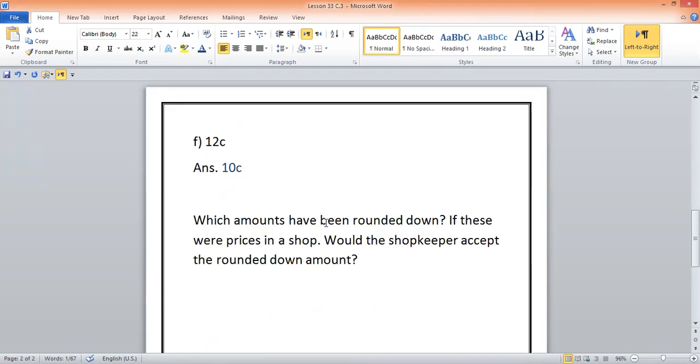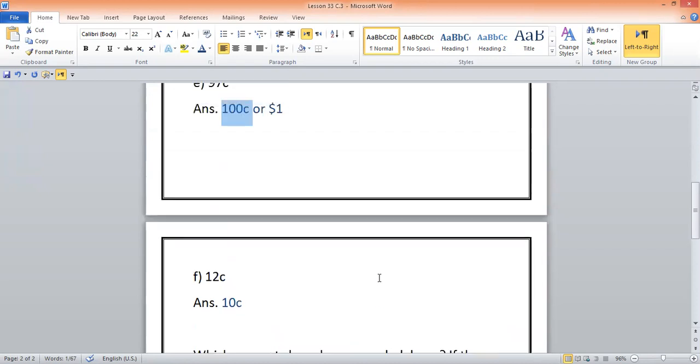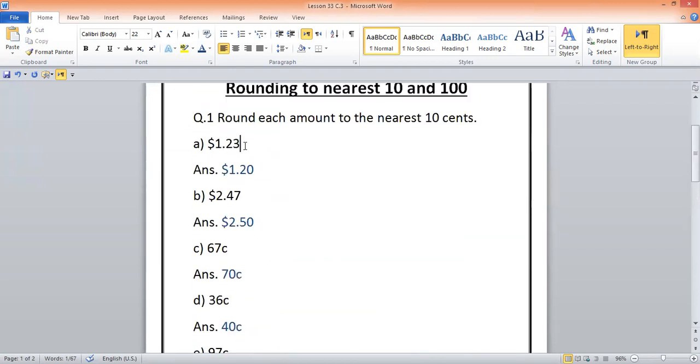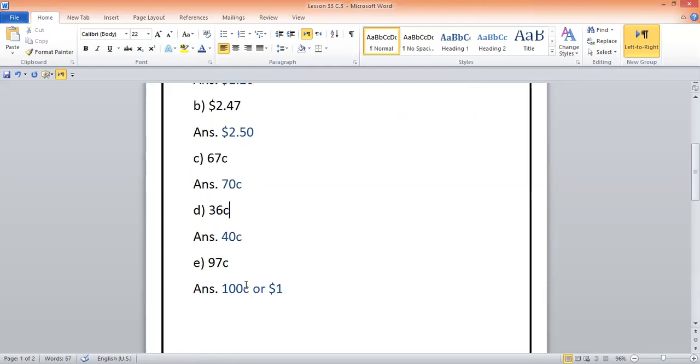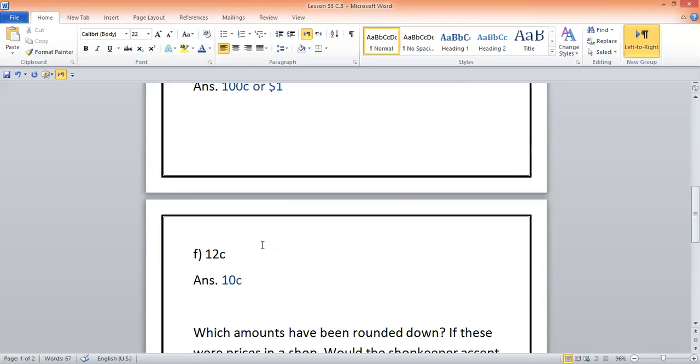So the question is, which amounts have been rounded down? You can see from here, this is $1.23, so it becomes $1.20. So it is also rounded down. Before that, the cost was $1 and 23 cents, but now we rounded down to $1 and 20 cents. 2.47 to 2.50 is rounded up, not rounded down. 67 to 70 is rounded up, 36 to 40 is rounded up, and 97 to 100 is also rounded up.